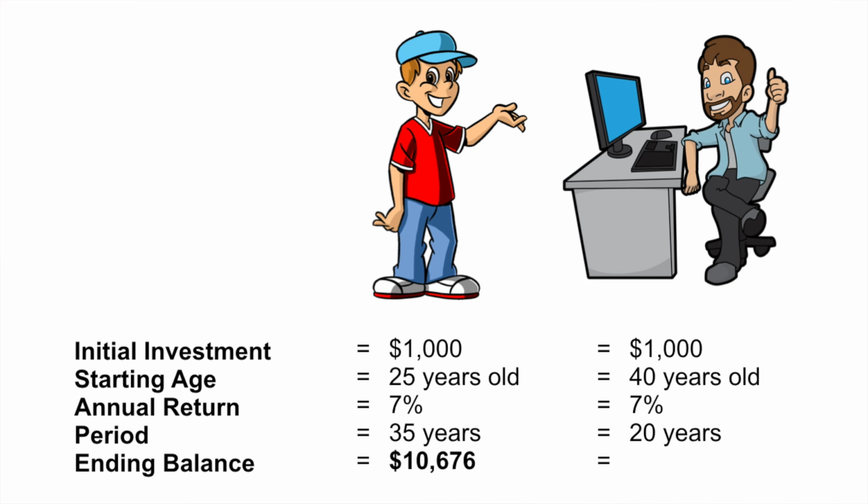He got the same 7% annual return, $1,000 as his initial investment as well, but was only able to get a third of the money you ended up with at age 60. What's the reason behind it? Time. You simply had more time than Robert had for compound interest to work its magic over your money.